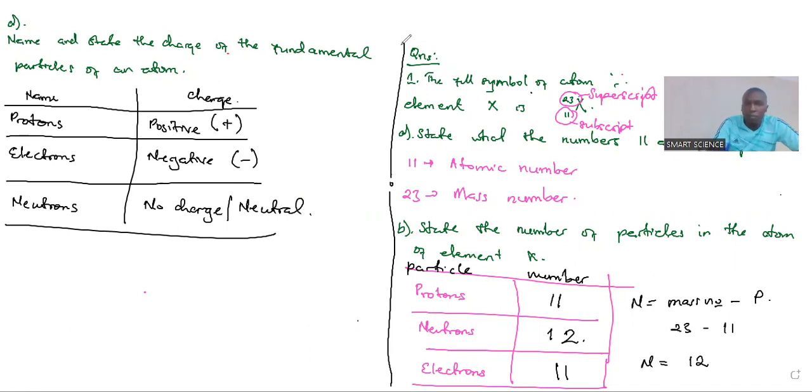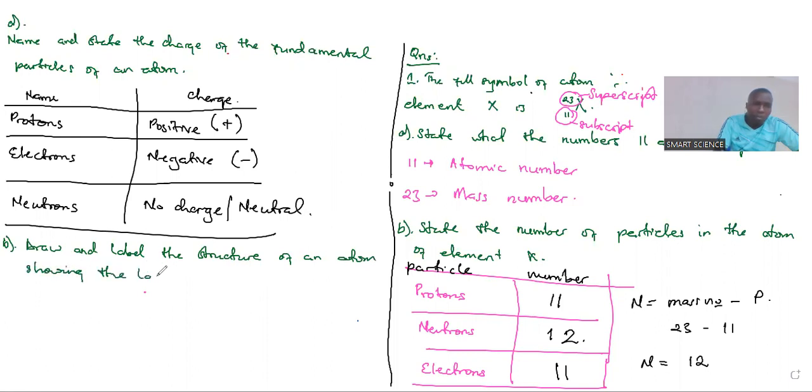Part B of the question says draw and label the structure of an atom, showing the location of each fundamental particle mentioned in A above.